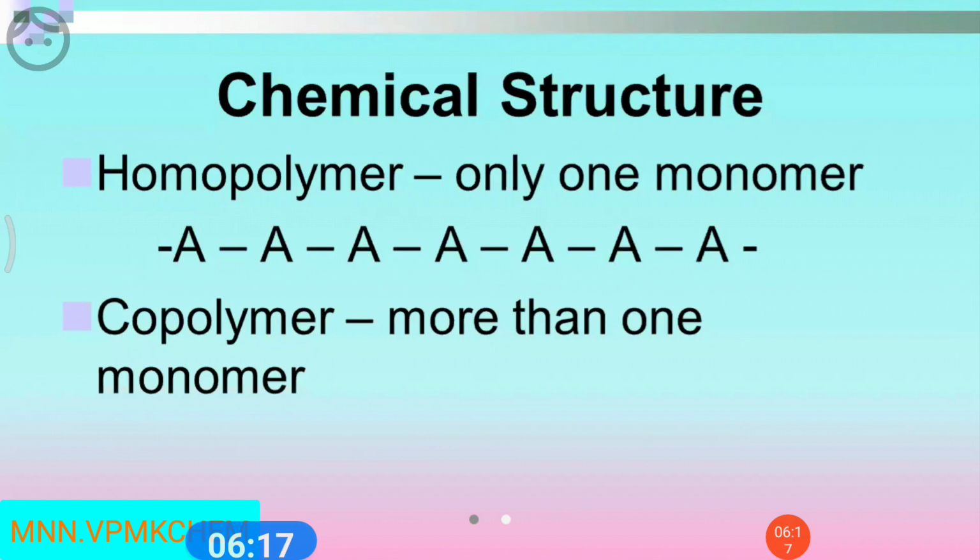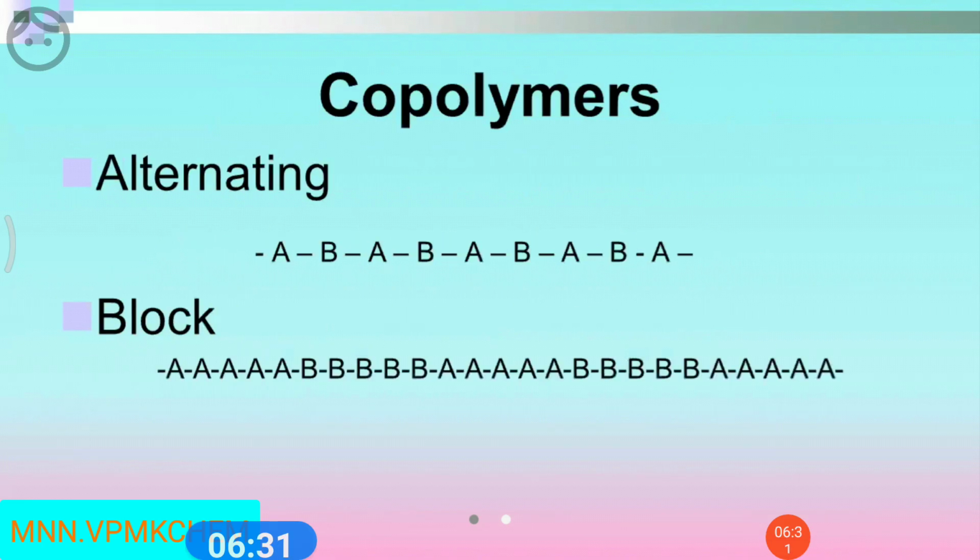Second type is copolymer. These copolymers are made up of more than one type of monomeric unit. Copolymers can also be classified into three different types.